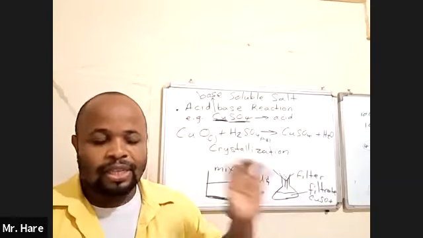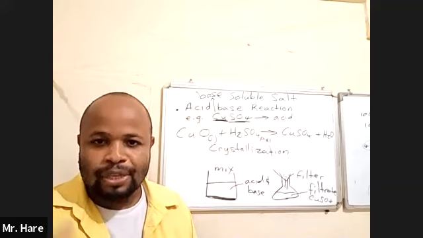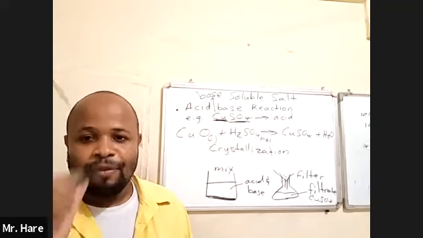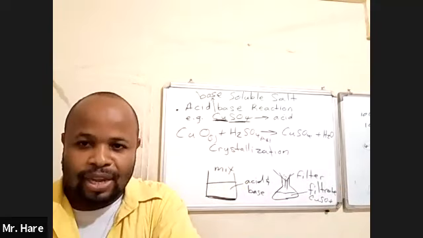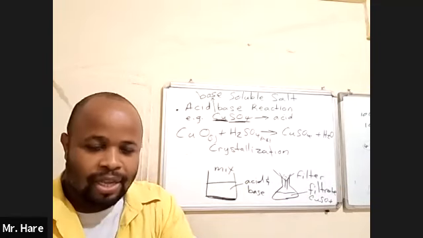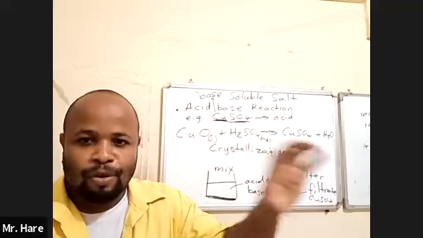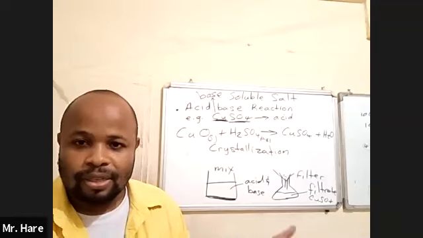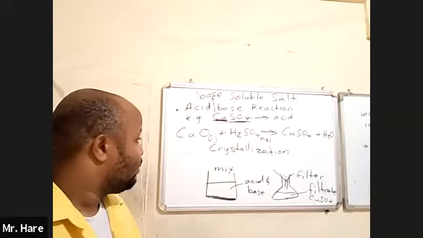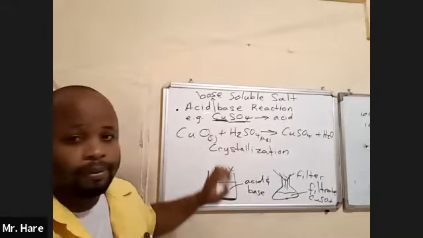So lead nitrate, potassium iodide. If you put that in the equation, the lead ion will combine with the iodide ion, the potassium combines with nitrate, and you get the insoluble salt. That's it. So you understand?